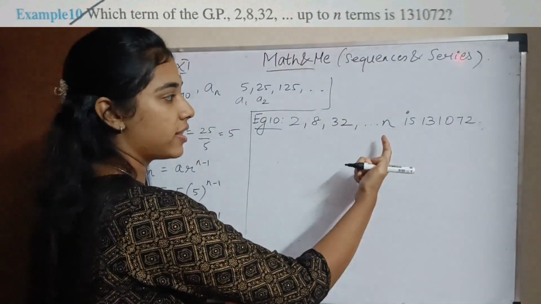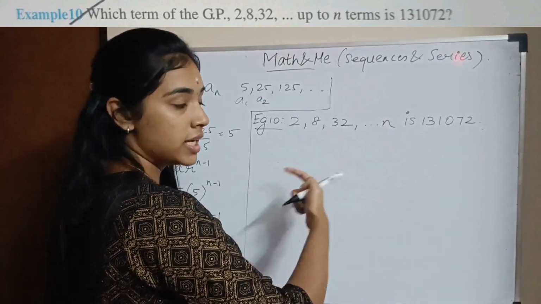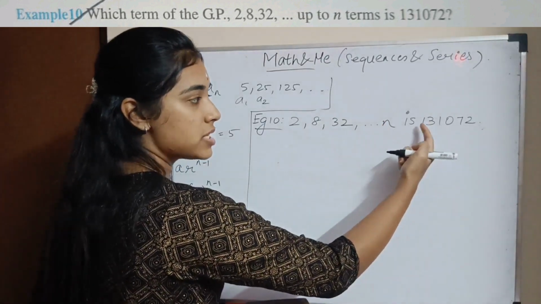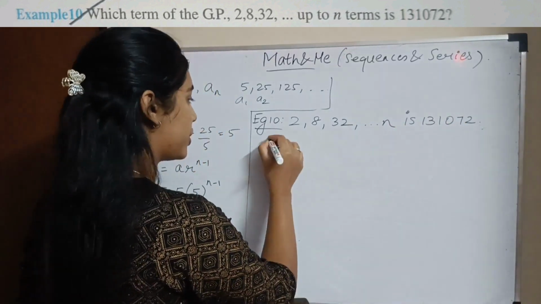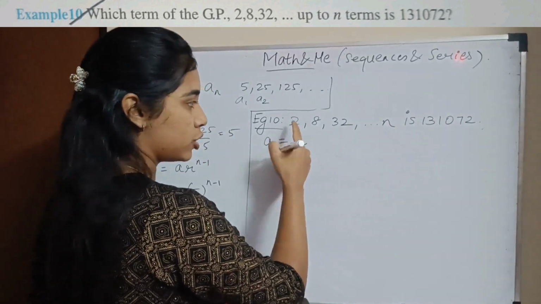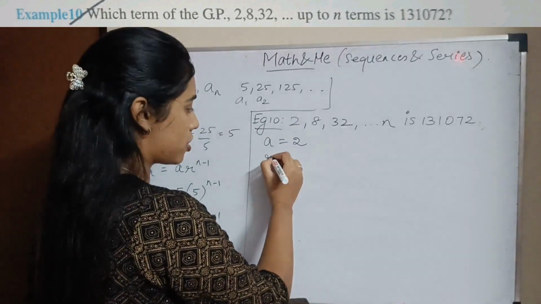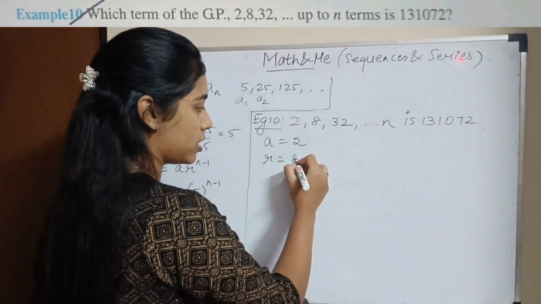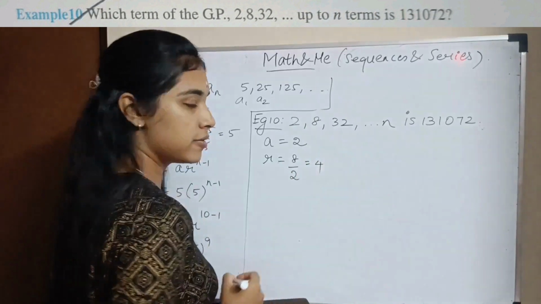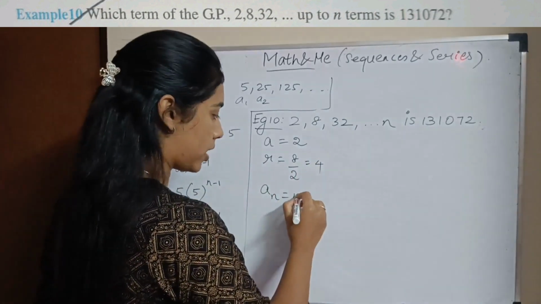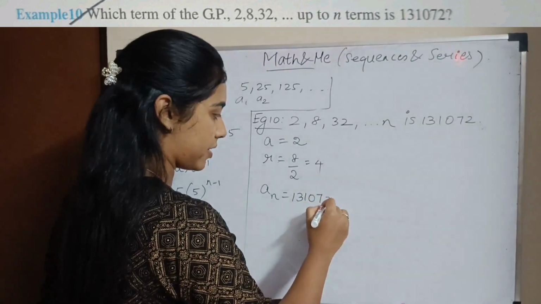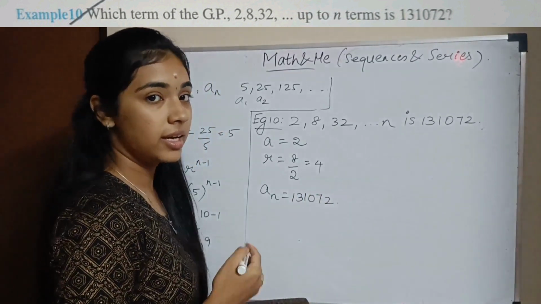So you need to find the value of n for which the nth term is 131072. So what do you know? You have A equals 2, the first term. What is your common ratio? A2 by A1, so 8 by 2, which is 4. What is your nth term? It is given to be 131072. You need to find n.